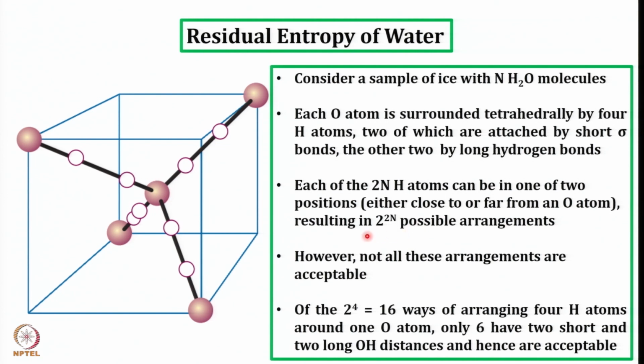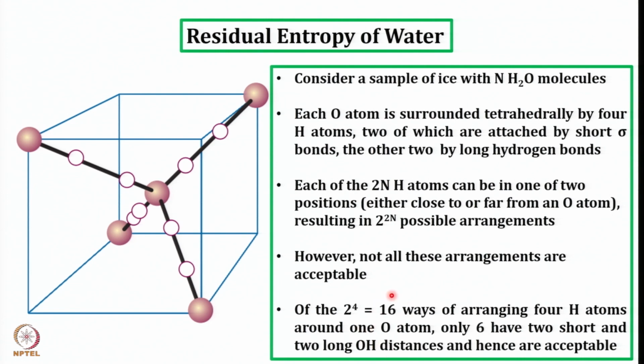Of the 2 raised to the power 4, that is 16 ways of arranging 4 hydrogen atoms on one oxygen, each hydrogen can be either covalently bound or hydrogen bonded. So there are 2 possibilities for each of the 4 hydrogens. There are 16 ways of arranging 4 hydrogen atoms around one oxygen atom.